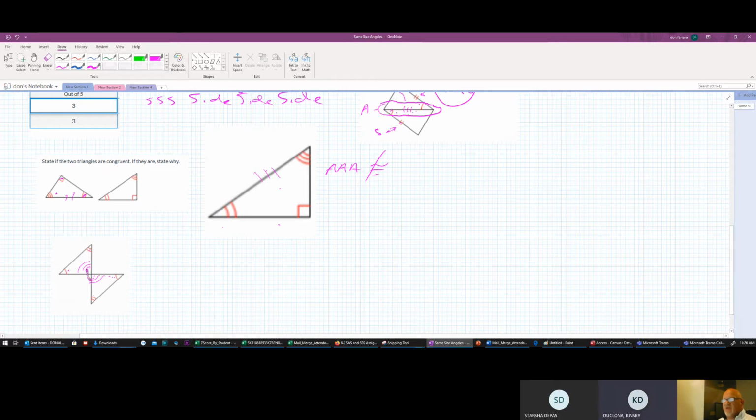That angle's congruent. And we know that 3 and 3 is congruent, right? But we don't have any information on sides, right? So essentially we have an angle, angle, angle. And what do we know about angle, angle, angle? That they're not congruent, even though they look like they could be without the tick marks.